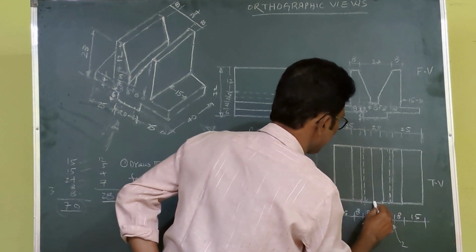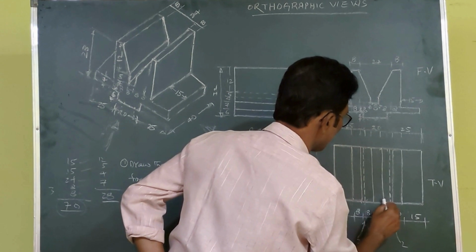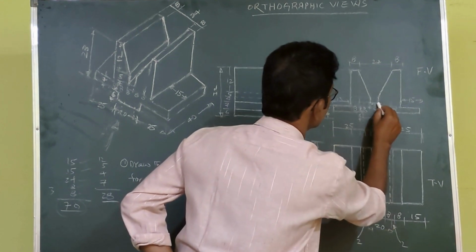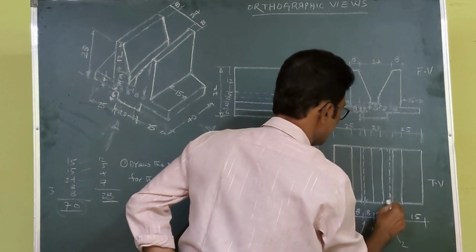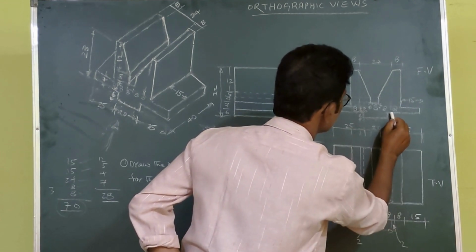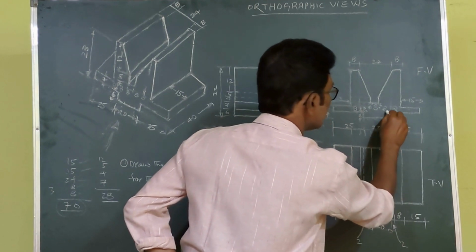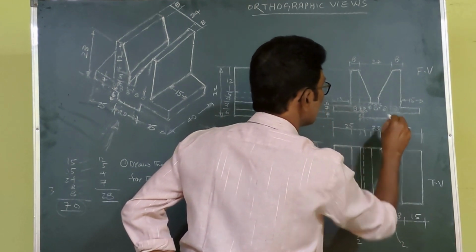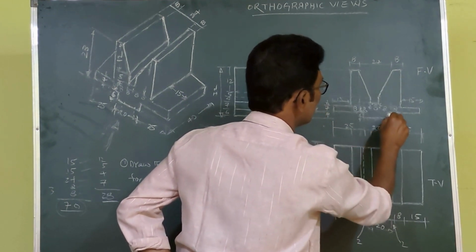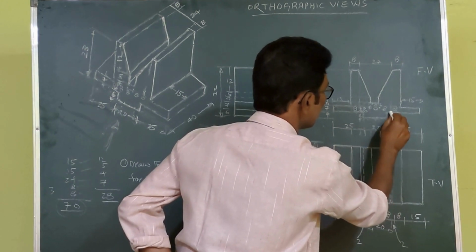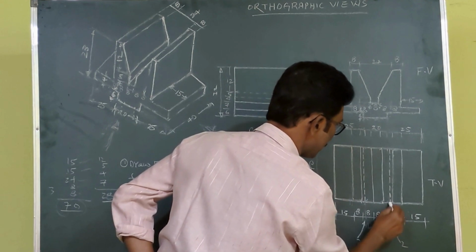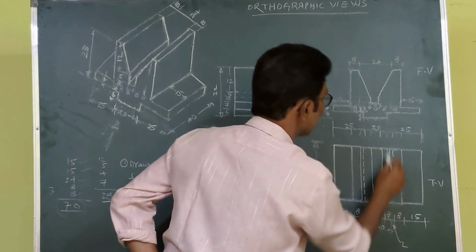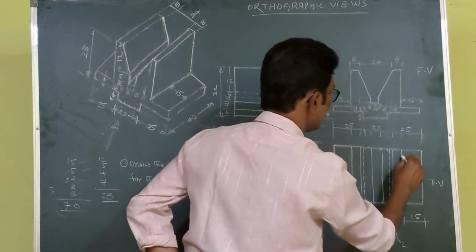Again from here to here 8, this is the 8, from here to here 8, this is the 8, again this is the 8, from here to here 8, that is also shown. In between, from here to here, at the bottom there is a projection, a line that is not visible, so from here to here the distance is 2. I have shown 2 here, this is the dotted line, and this is a full line.